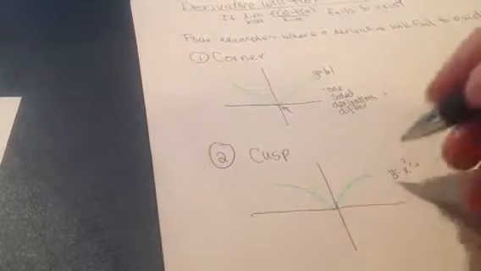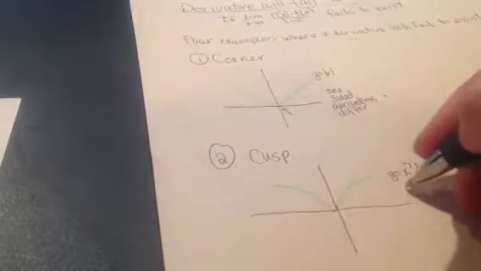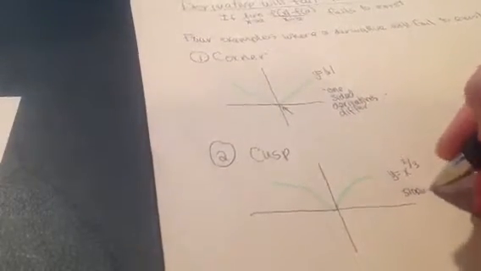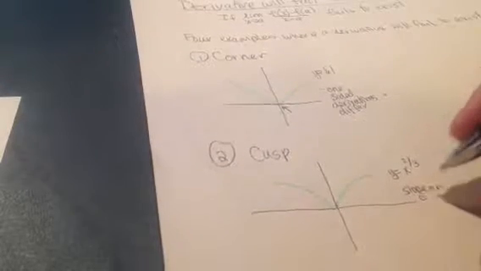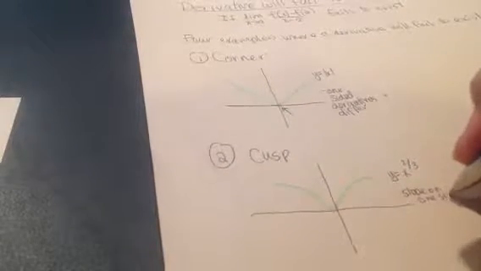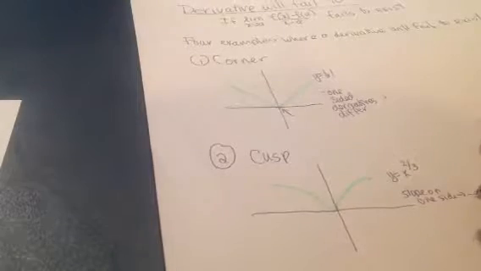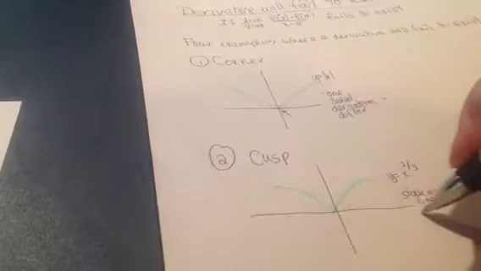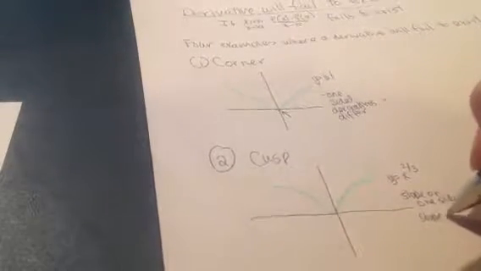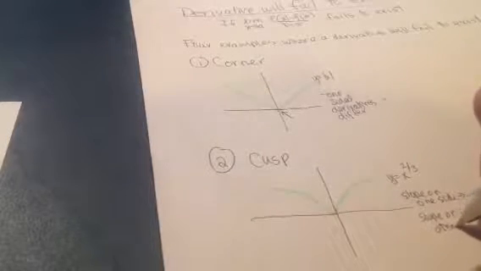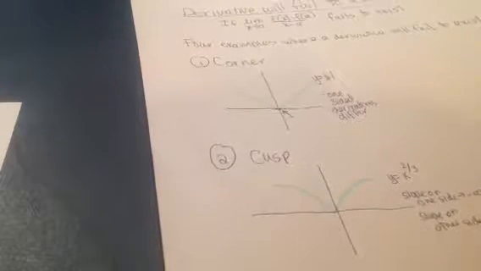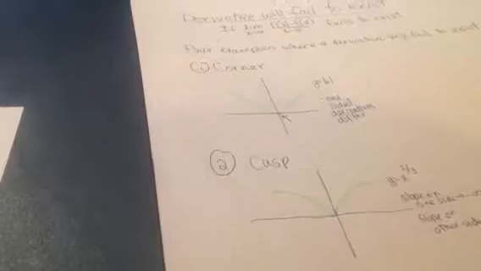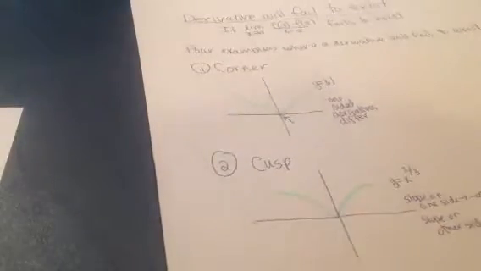Now when this comes in from the left, that's going towards -infinity. So the slope on one side goes towards -infinity, and the slope on the other side goes towards positive infinity, and that's going to be where we have a cusp.